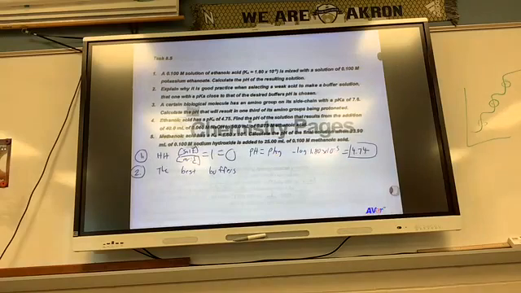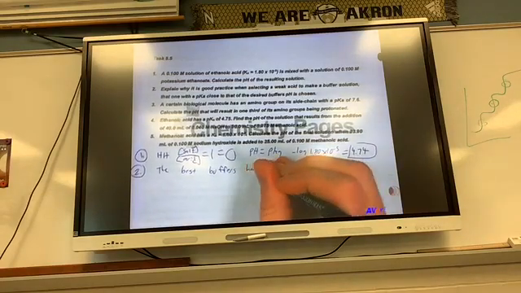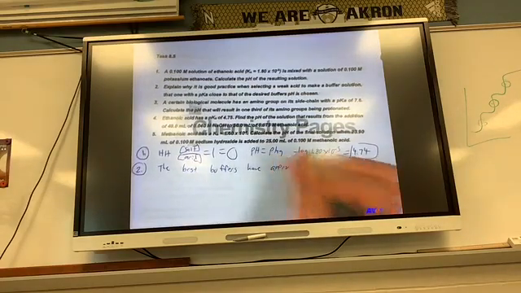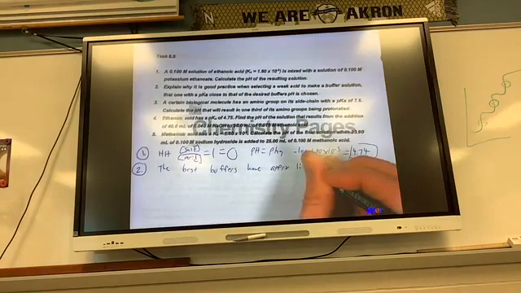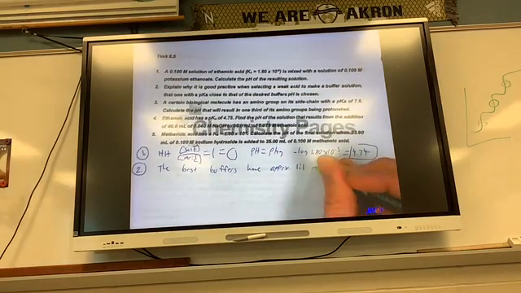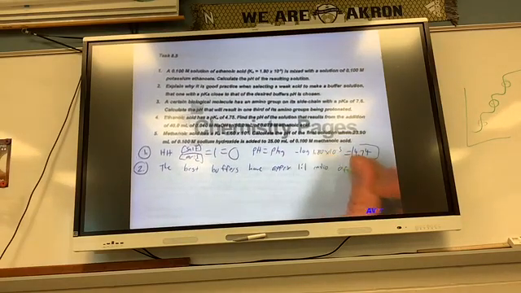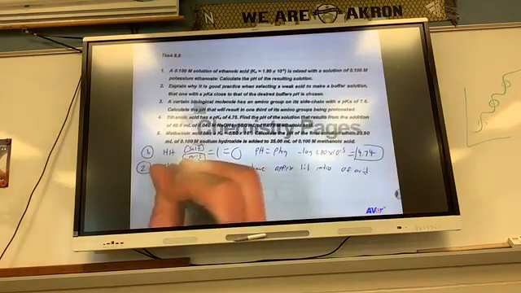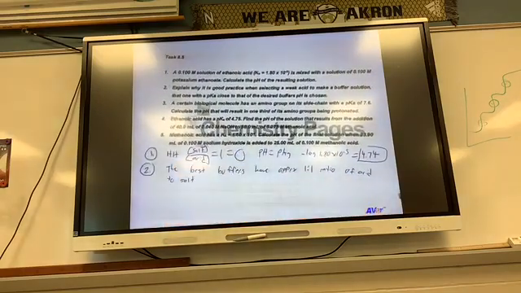The best buffers have what kind of ratio? Approximately a 1 to 1 ratio, right? Of acid to salt. Either way, doesn't matter. It's still 1 to 1.